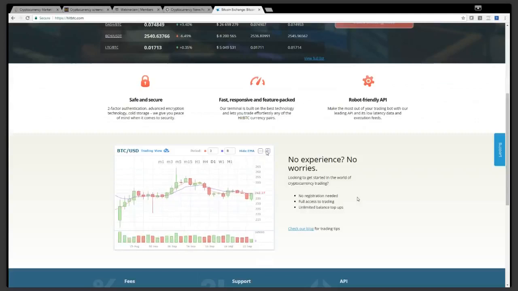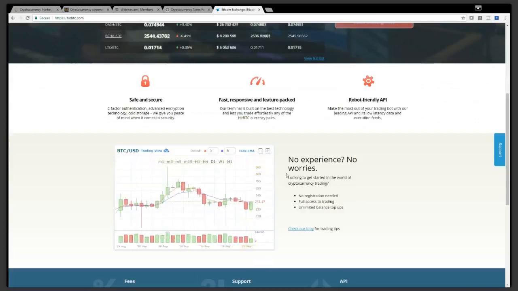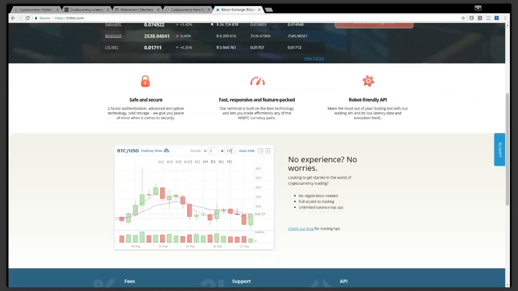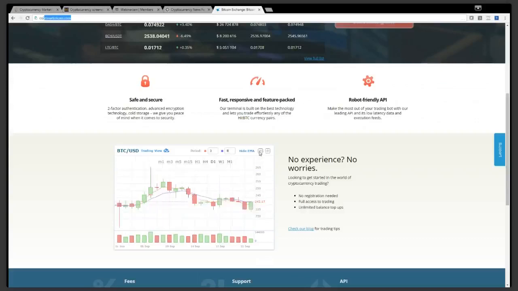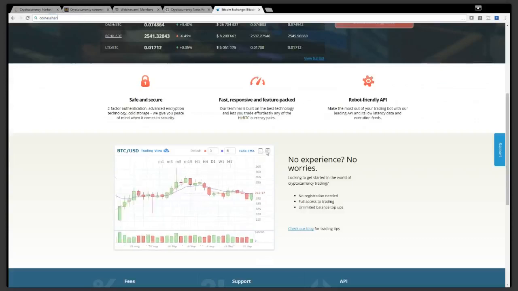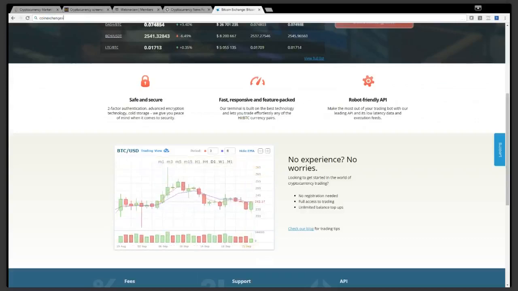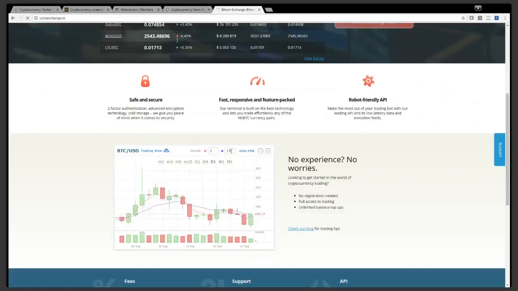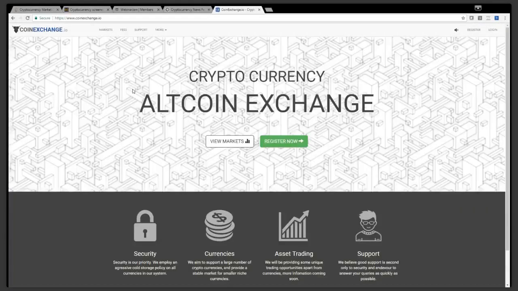Go to coinexchange.io. I'm just showing you guys some other options because you guys don't know about these exchanges. A lot of you guys just go to Bittrex and Bitfinex and Binance, and these ones are typically bogged down.